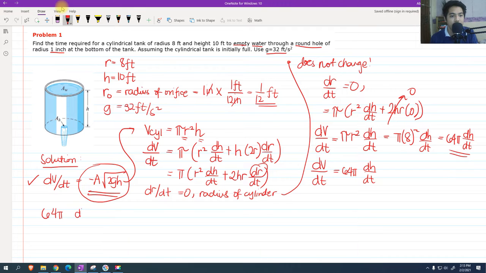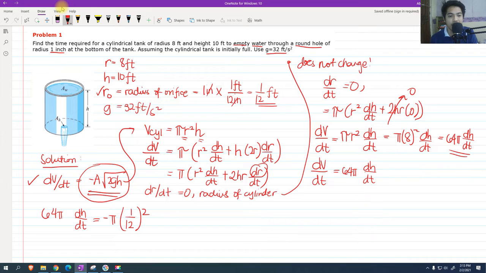So you have dh over dt equals the area of the orifice. That's the definition of our A. If the orifice has a radius of 1/12 feet, so that's a circle, the area of the circle is pi r squared. So still we have negative pi times (1/12) squared, in terms of feet.